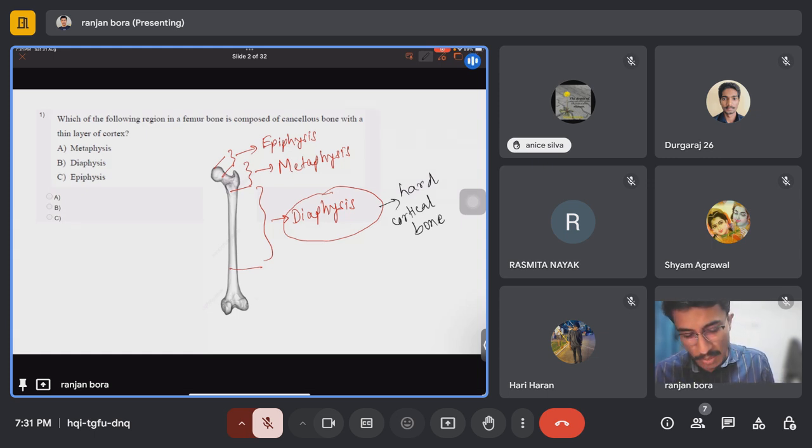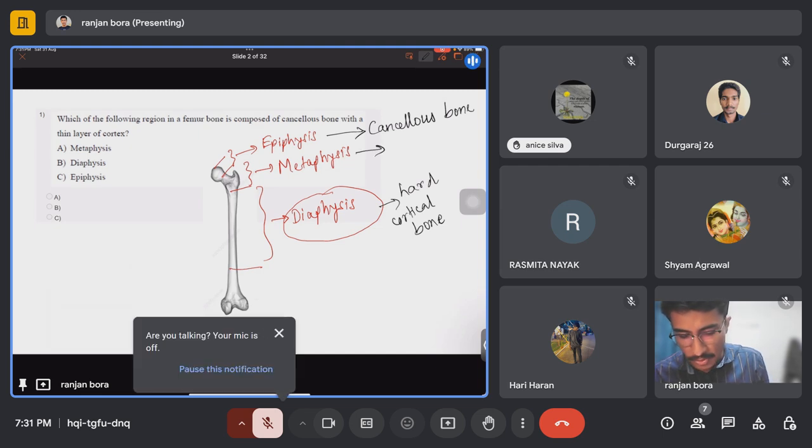And this epiphysis part is composed of cancellous bone. And this metaphysis is composed of cancellous bone with a thin layer of cortex. The answer is A.